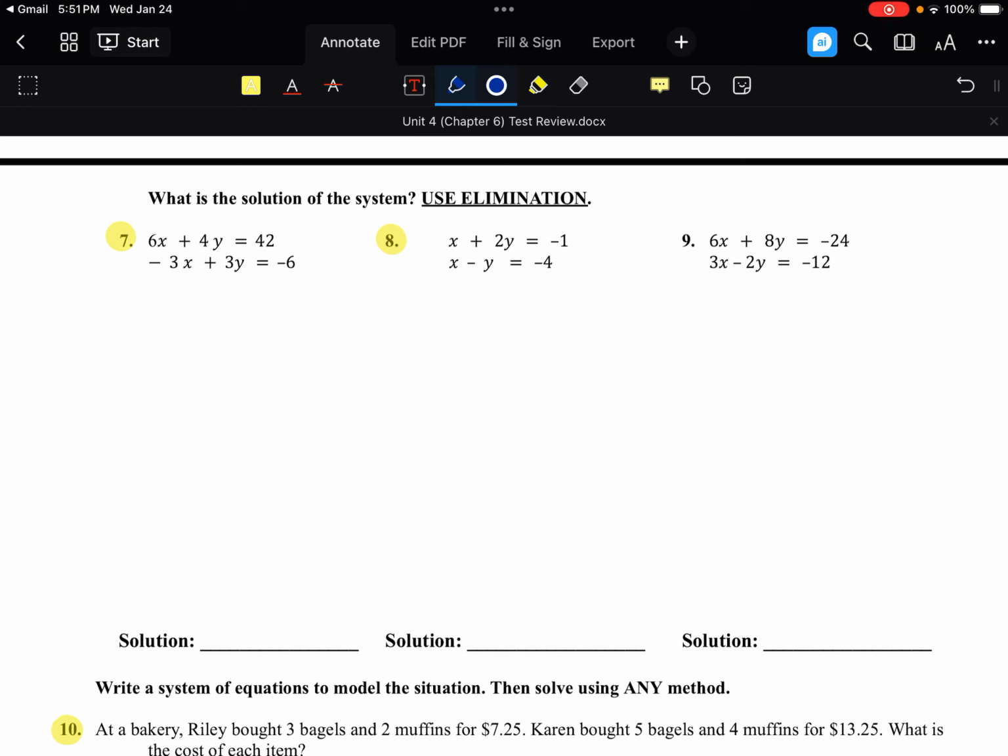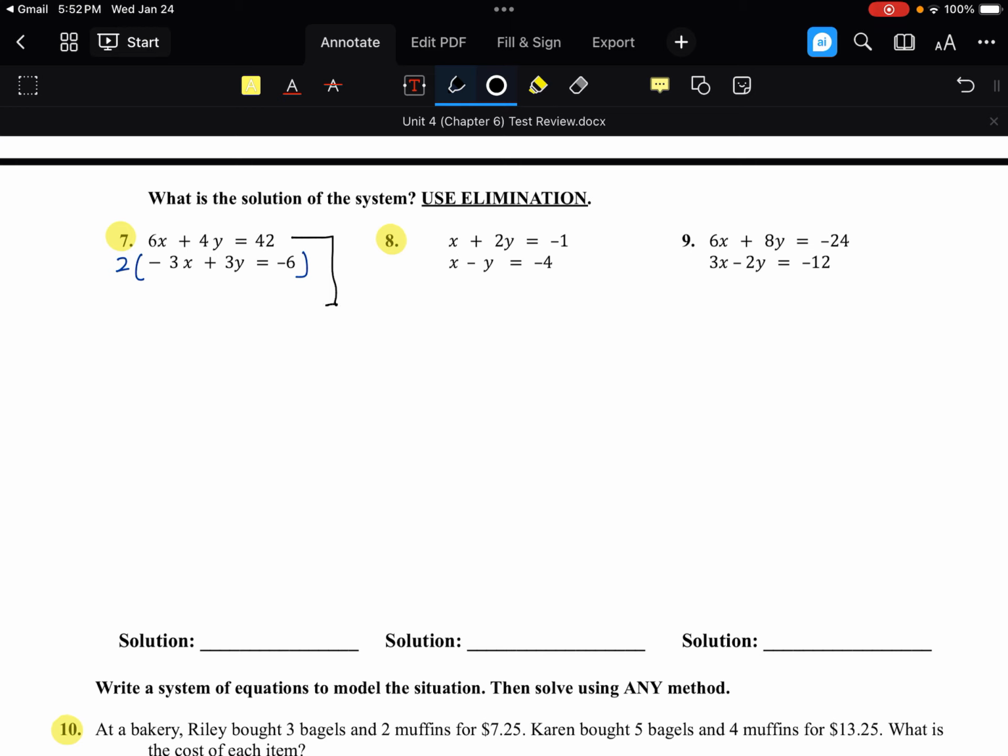And then I've got negative 3x plus 3y equals negative 6. None of the variables have the same coefficient number but different signs. But I can probably manipulate this second equation so that this negative 3x becomes a negative 6x and cancels with the other one. To do that, I need to multiply the second equation by 2.